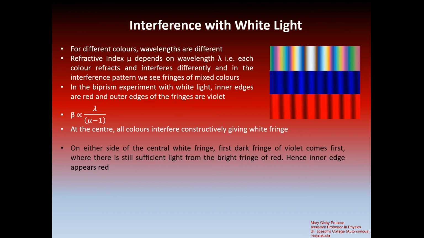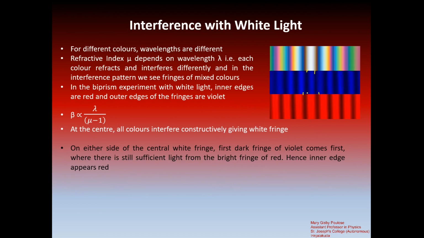In the spectrum, you can see that the first dark fringe of violet comes earlier, and the first dark fringe of red comes later. So when the first dark fringe of violet is present, the bright fringe of red is still existing. Here, when violet becomes absent, red is still sufficiently available. Hence, the inner fringe appears to be red in color.